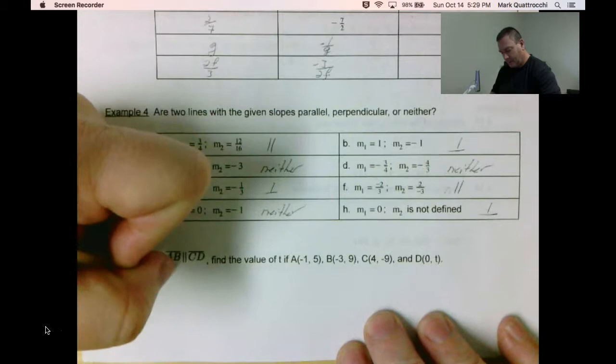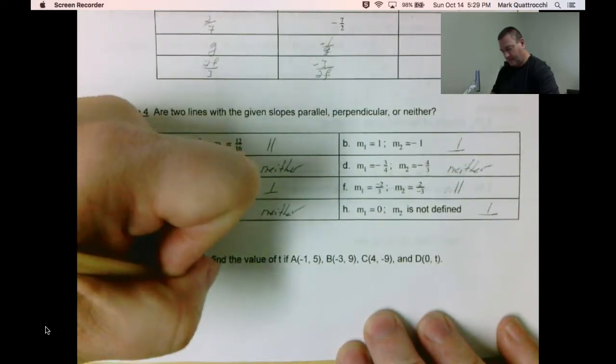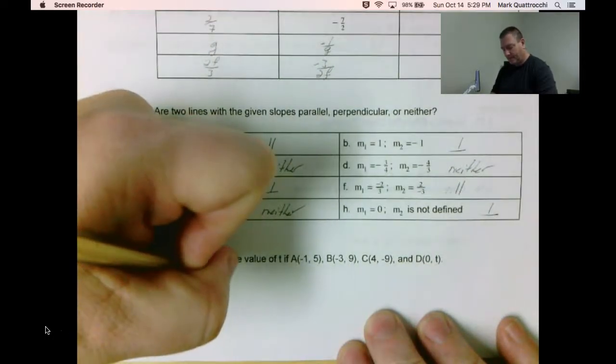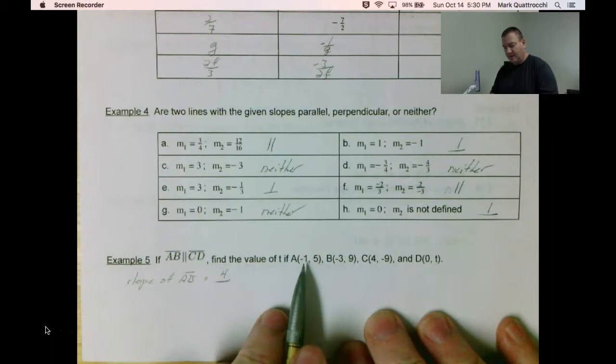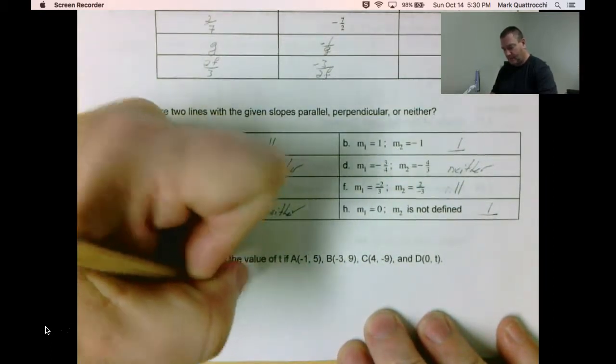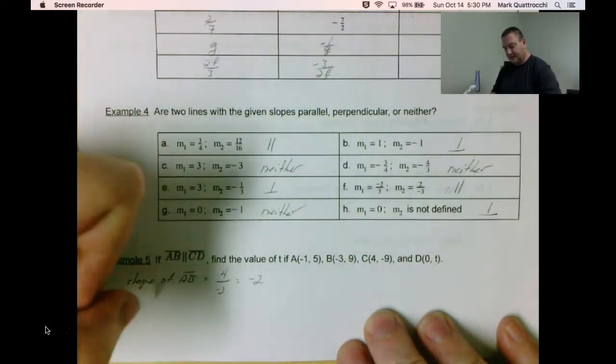Slope of line AB equals 9 minus 5 is 4. Negative 3 minus a negative 1 is negative 2. So negative 2 is our slope. So the slope of CD is negative 2.